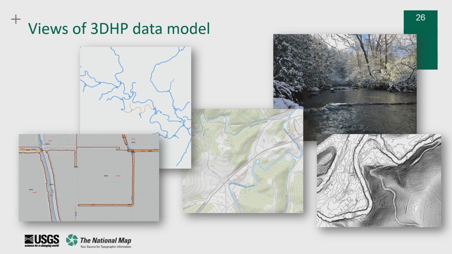And this is just kind of a schematic of what those views might look like. Hopefully we'll be able to look at it in lots of different ways and tie lots of different data to this network.